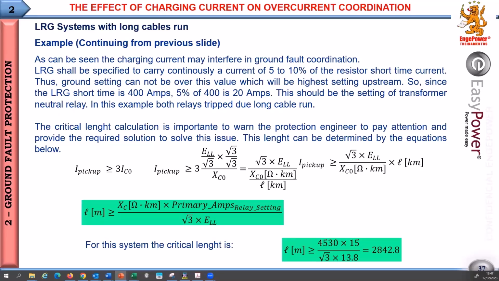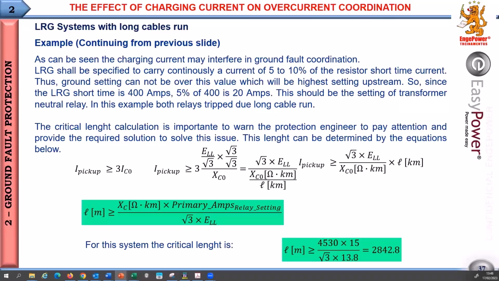For our example here, if we put these values here, 15 amps, right? The critical length is over 2.8 kilometers, we can trip our relays wrongly. So this is a warning for us.